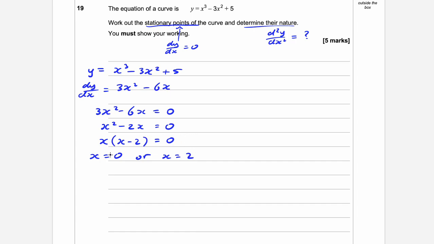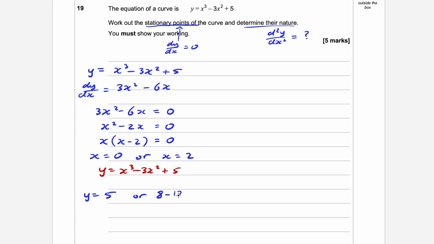Now, when x is 0, y equals, because remember, y equals x cubed minus 3x squared plus 5. So when x is 0, y equals 0 minus 0 plus 5, which is 5. Or here, when x is 2, I'm going to have 8 minus 2 squared is 4, 4 times 3 is 12.